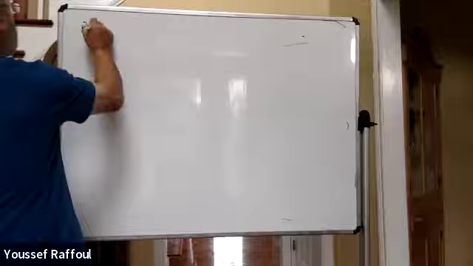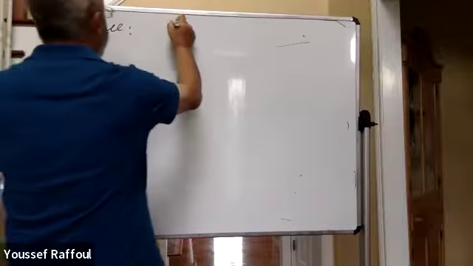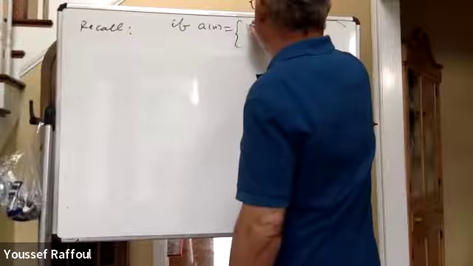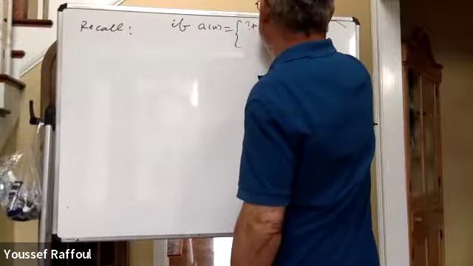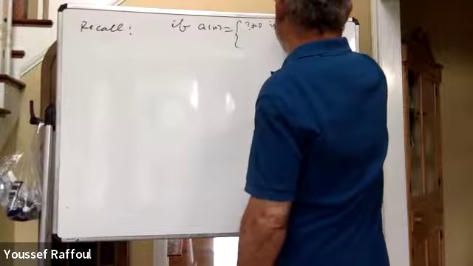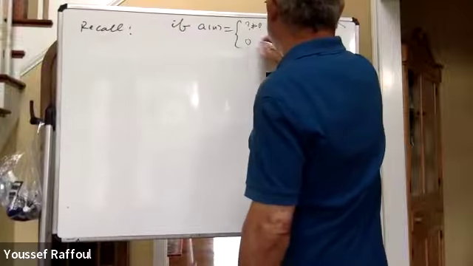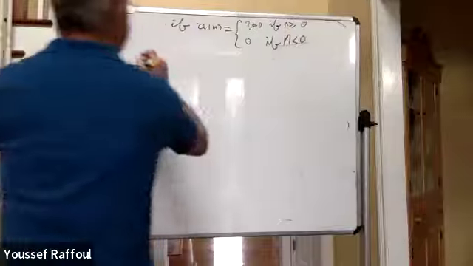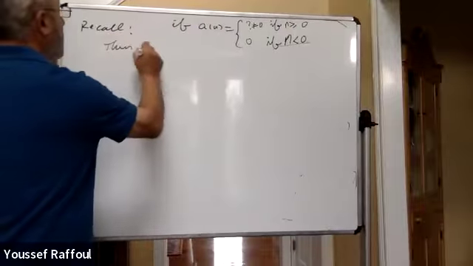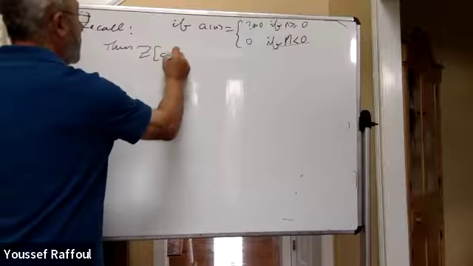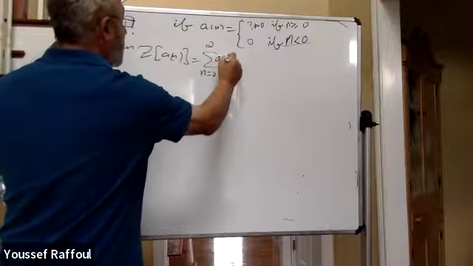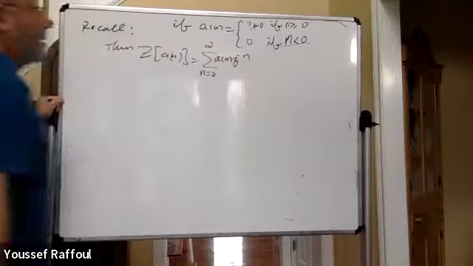Recall, if we have a_n equal to something non-zero if n is bigger or equal to 0, and 0 if n is less than 0, then the Z transform of a_n is the sum from n equals 0 to infinity of a_n z^(-n), correct?